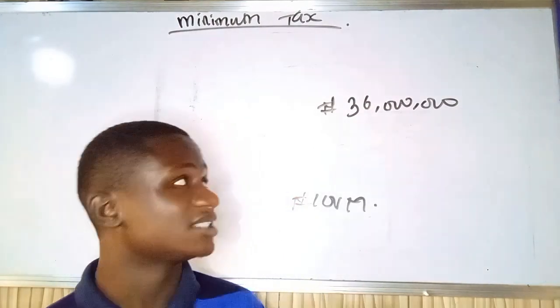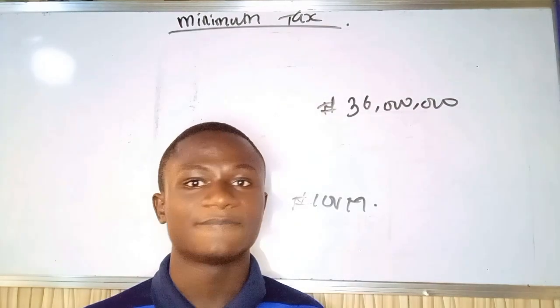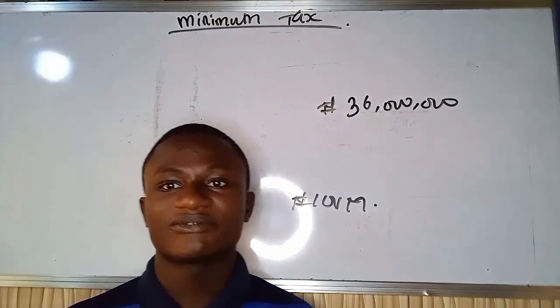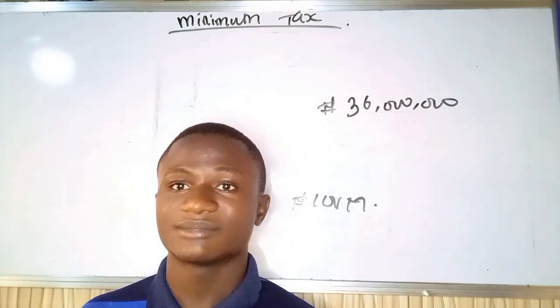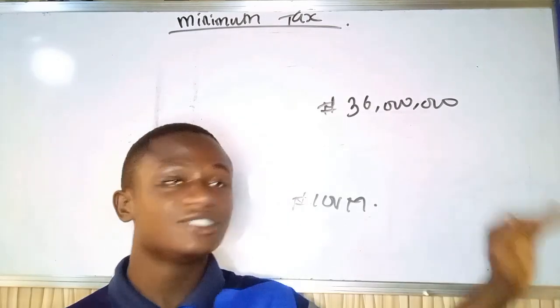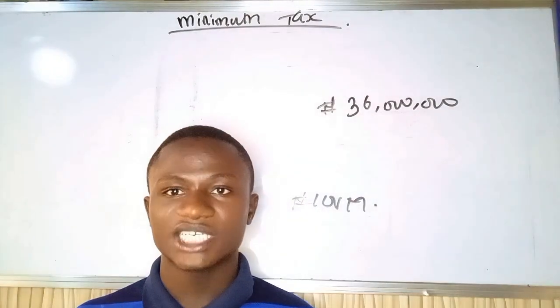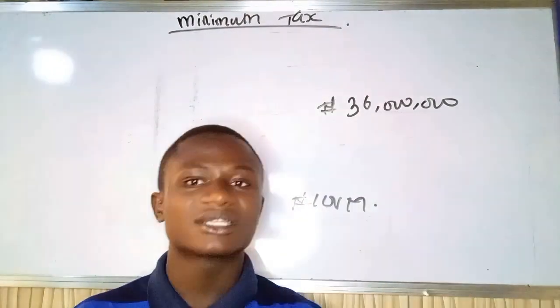And to watch our time, there are other things you need to know about this minimum tax. Number one is that we have three classifications of companies. I think I said that in my first video. We have the small company, the medium company, and the large company. Small companies are excluded from paying minimum tax.